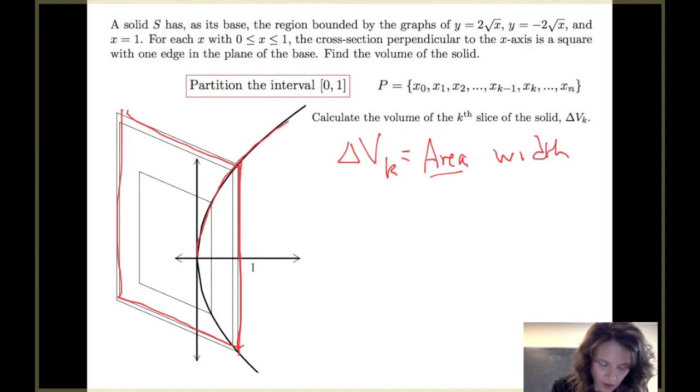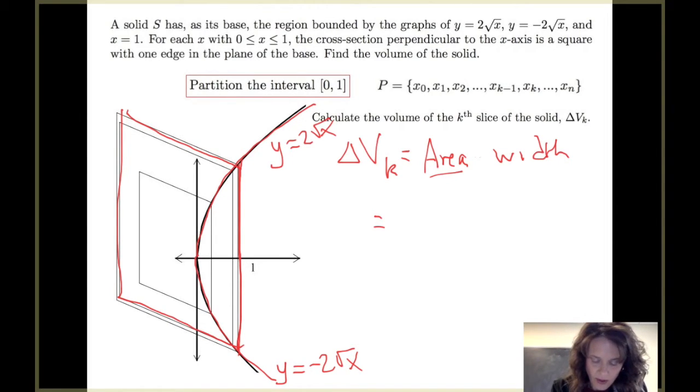Well, the edge of the square sits between the curves y equals 2 times the square root of x and y equals negative 2 times the square root of x. So therefore, this is going to be the length of the edge squared. We're always going to take the greater minus the lesser, the top minus the bottom. So I'm going to say top minus bottom squared will give me the area of that square times the width.